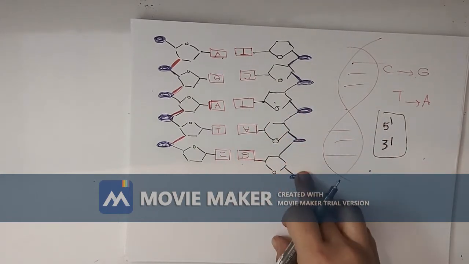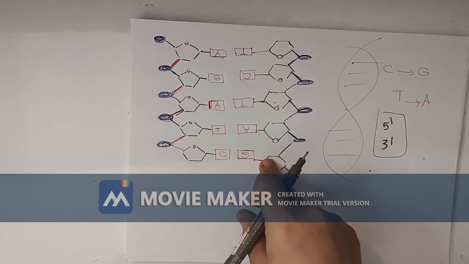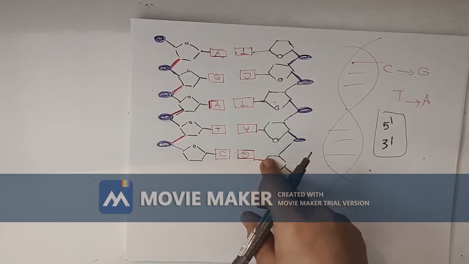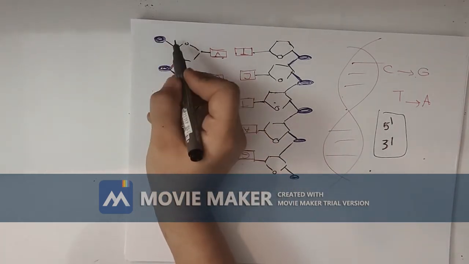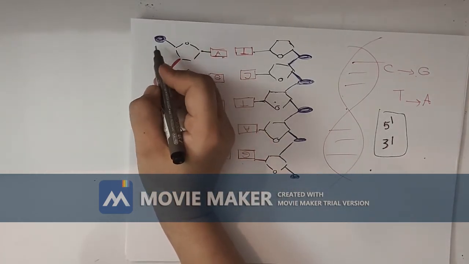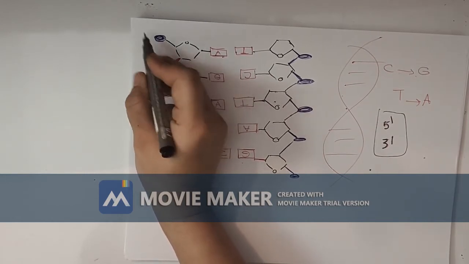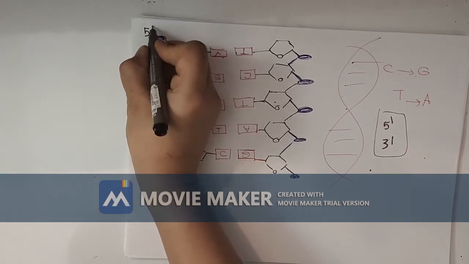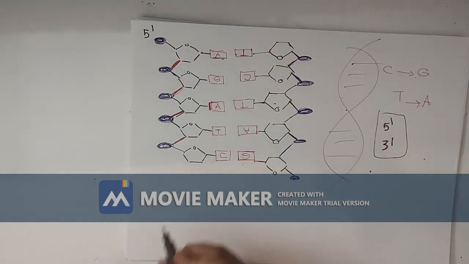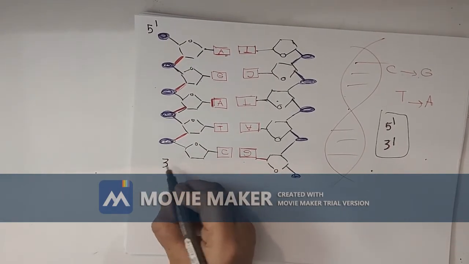The end which ends with the phosphate sticking out is the 5'. So this is the one that has the phosphate group, which is sticking out of the molecule. So I just name it as 5'. Of course the other end that doesn't have it, I just name it as 3'.